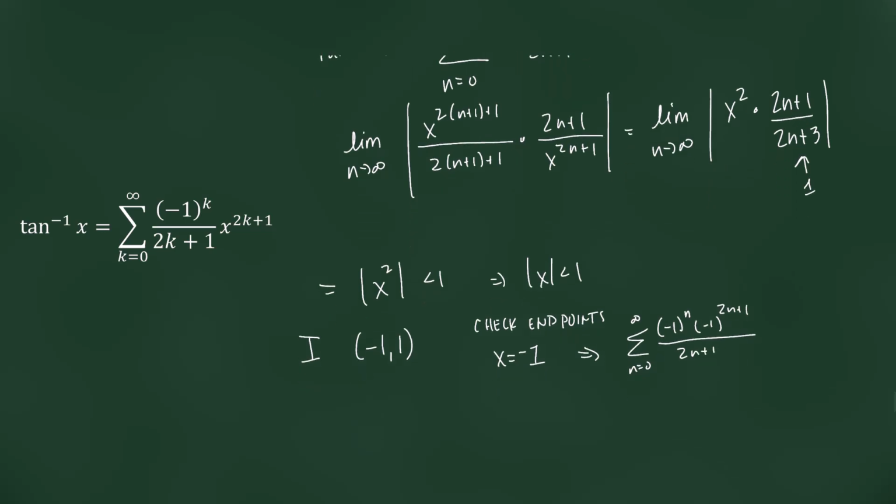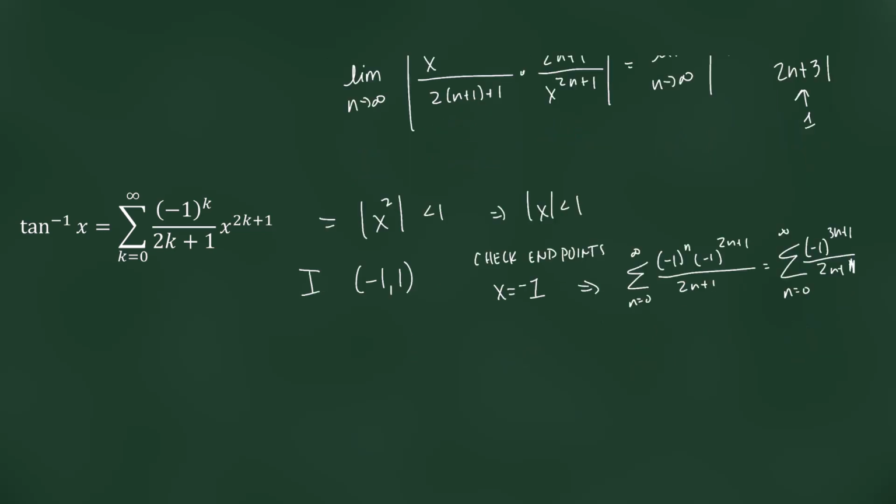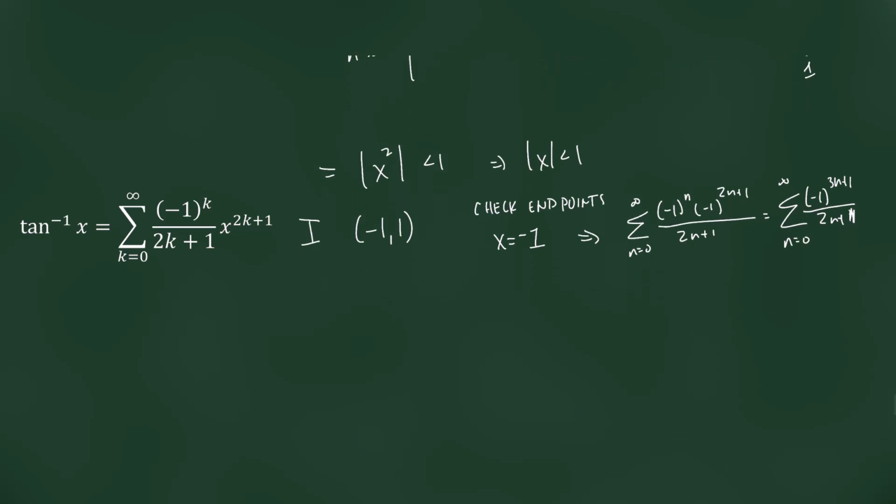So that's (-1)^(3n+1) over 2n+1. Since our exponent is 3n+1, sometimes that's an odd number, like when n is 0, and sometimes that's an even number, like when n is 1. So in other words, this alternates. Even though the exponent isn't straight up n, this is an alternating series.